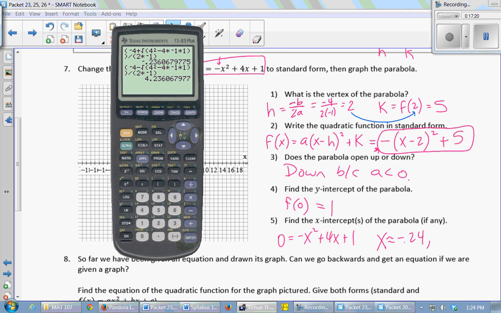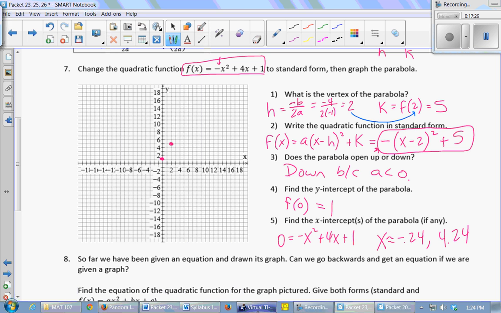And I get 4.24. So now to graph this thing, I've already got the vertex, I've got the y-intercept, my x-intercepts are at negative 0.24, like right there, and 4.24 right there.